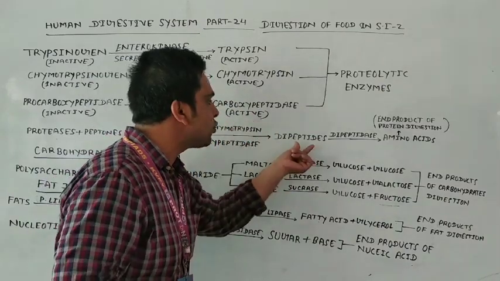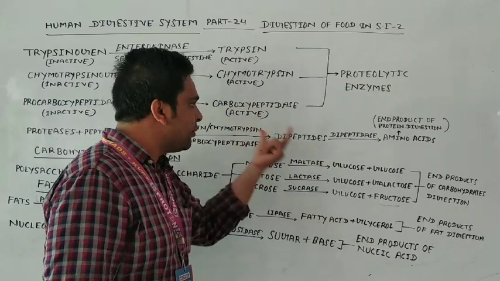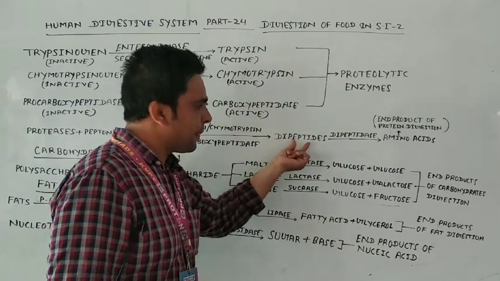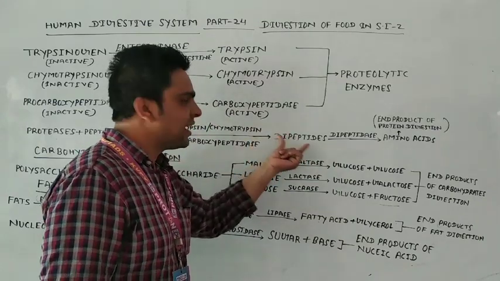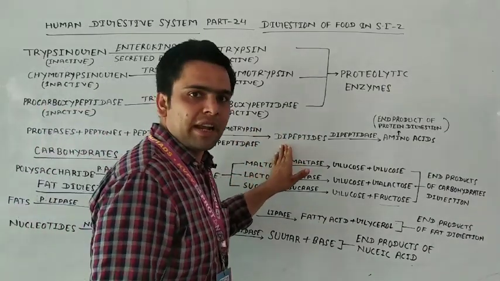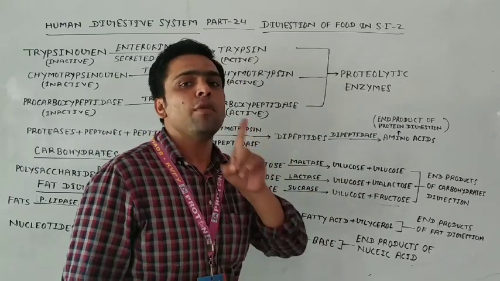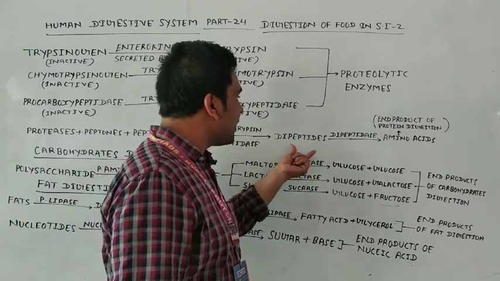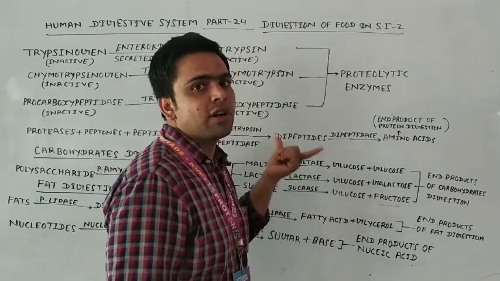So two peptides make one dipeptide. Monopeptide plus monopeptide makes a dipeptide. This is a partially digested form of protein, so it is not the end product of protein.